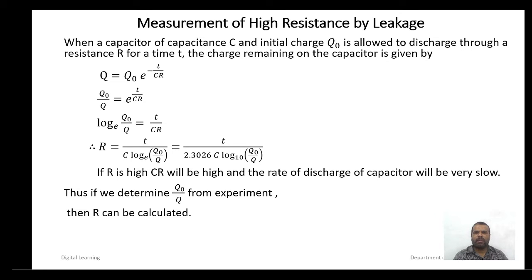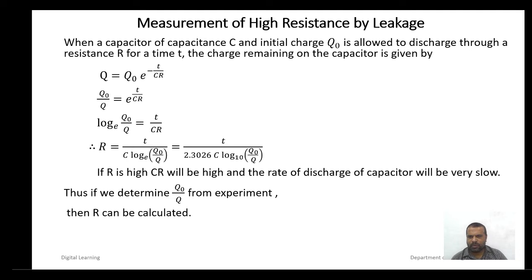for a time t, the charge remaining on the capacitor is given by Q is equal to Q0 into e raised to minus t divided by CR. Q0 divided by Q is equal to e raised to t divided by CR, or log Q0 divided by Q to the base e is equal to t divided by CR.